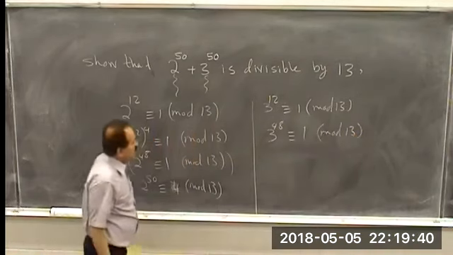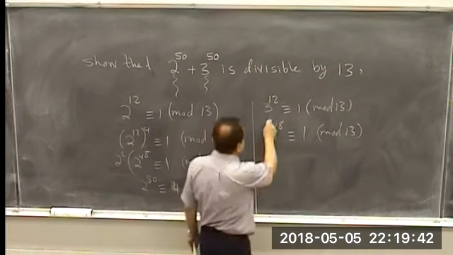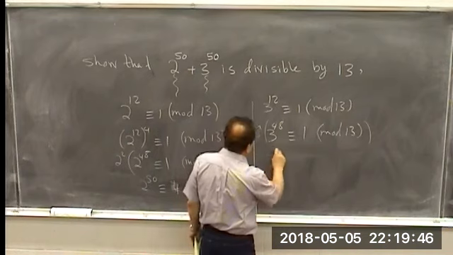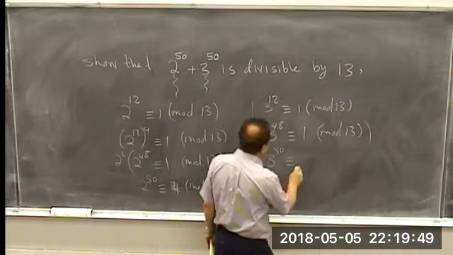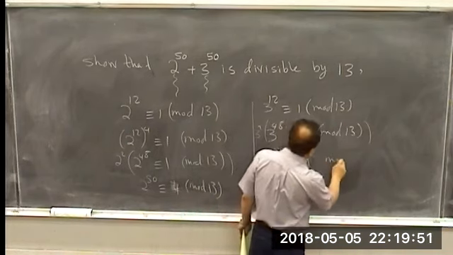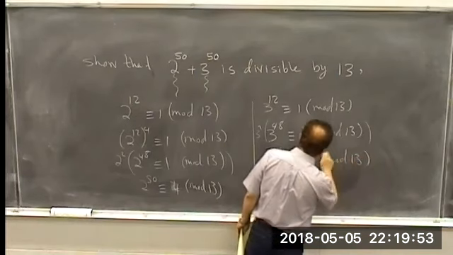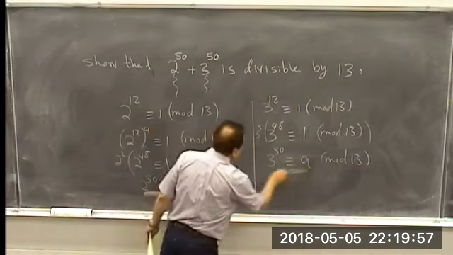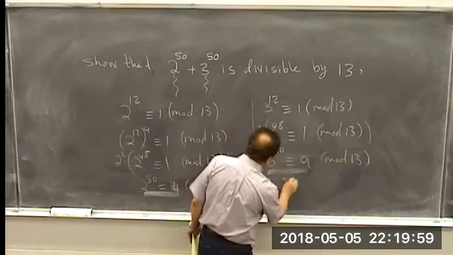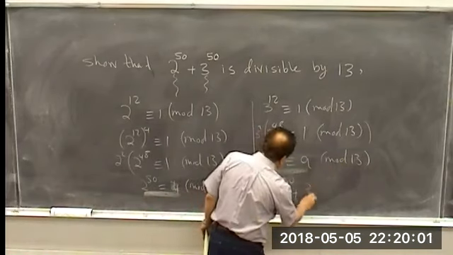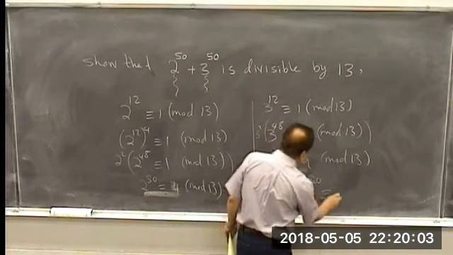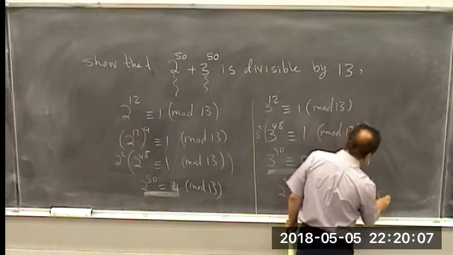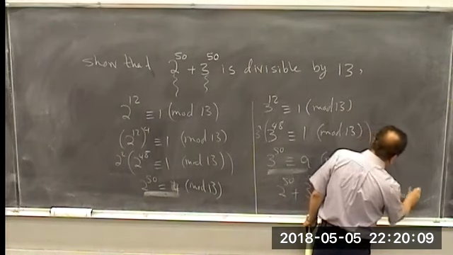Now we multiply by 3 squared, so we get 3 to the 50 is congruent to 9 mod 13. Now we can add these congruences. Then 2 to the 50 plus 3 to the 50 is congruent to 4 plus 9, which is congruent to 0 mod 13.